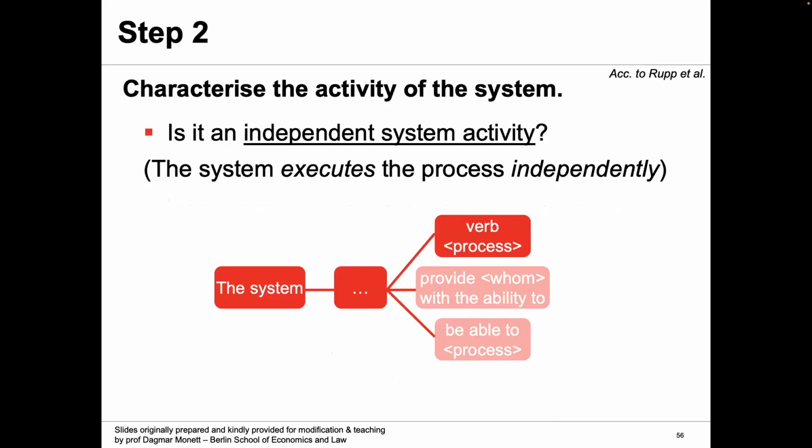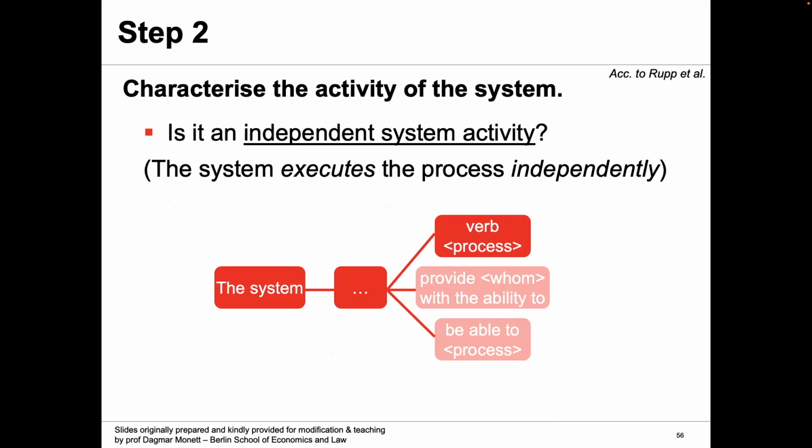Step two is you move on to the next stage, which is whether the system is going to provide that functionality independently, or does it need an interface to work on?